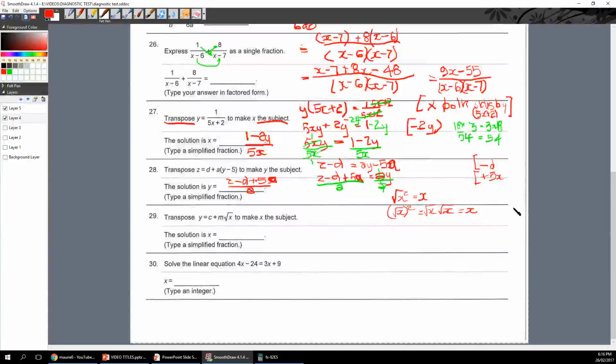Square root is what number multiplied by itself equals x. So the square root of x is what number multiplied by itself equals x. So there's a couple of little things to remember.